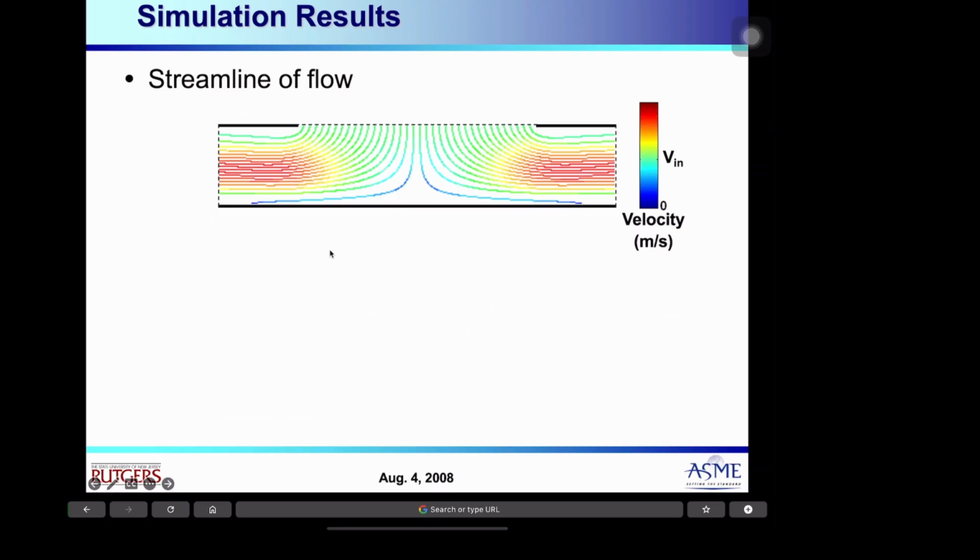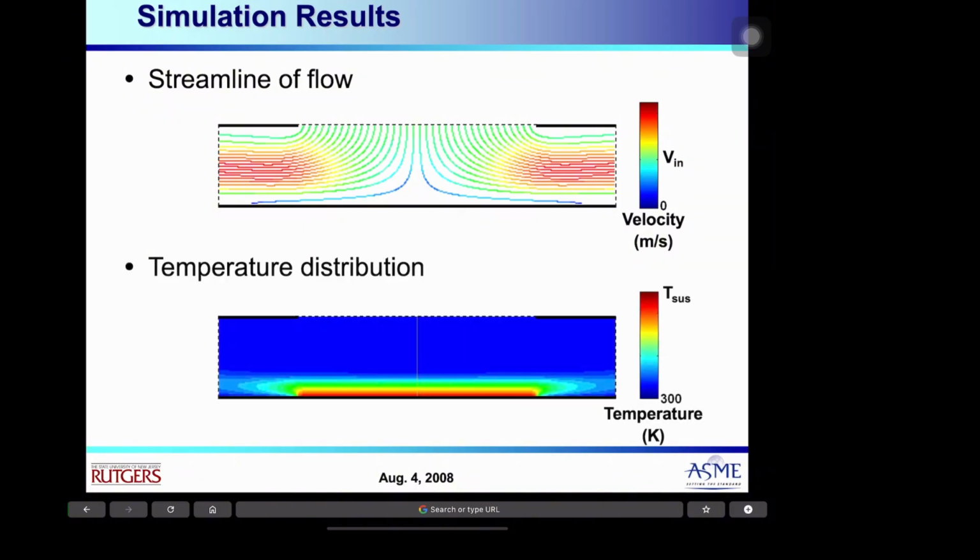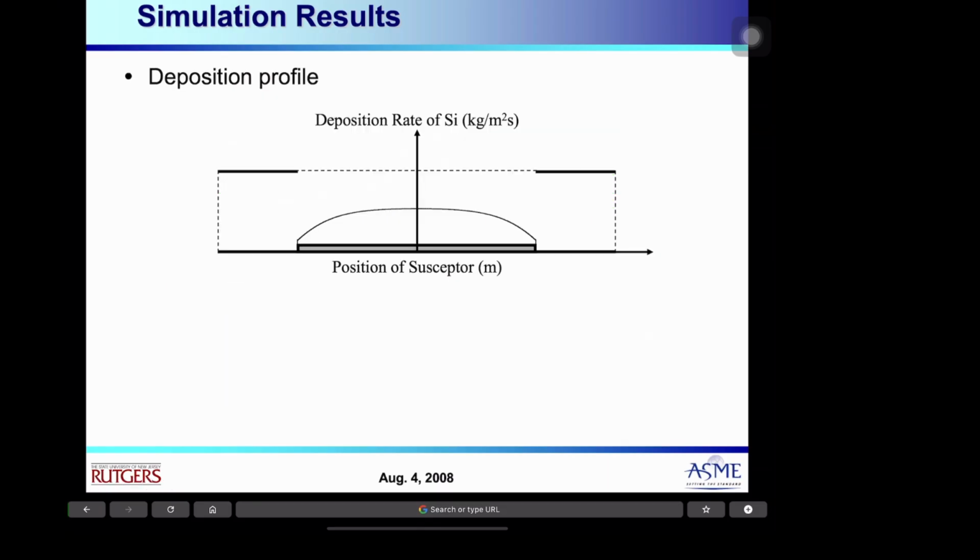Color represents velocity. This is called the impinging flow. And the temperature distribution looks like this. The bottom is heated, so only the bottom area is hot enough, so silicon will be deposited at the bottom only. And the simulator shows that the silicon at the bottom will be grown at such a deposition rate.